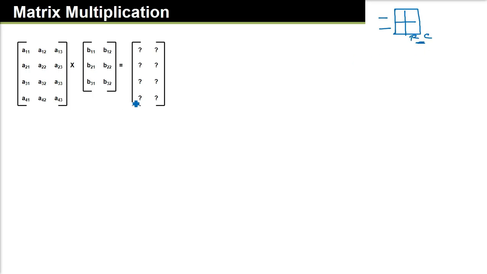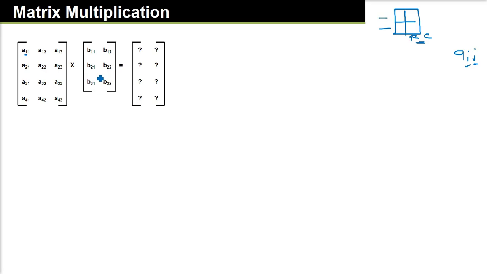In matrix multiplication, the most important thing is the dimension. We represent each element of a matrix like A, I, J. I represents the row and J represents the column. When we do matrix multiplication, the first thing is, what is the dimension of the first matrix? And of the second matrix?